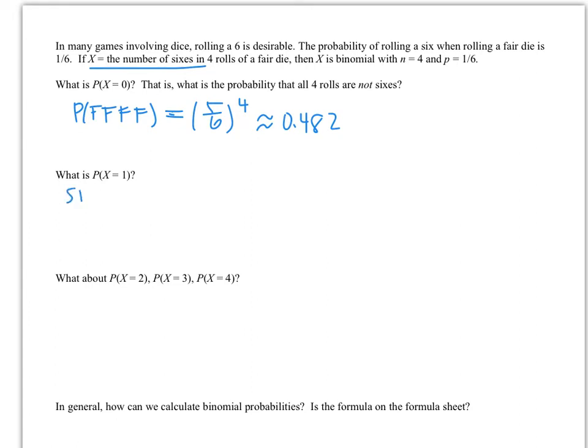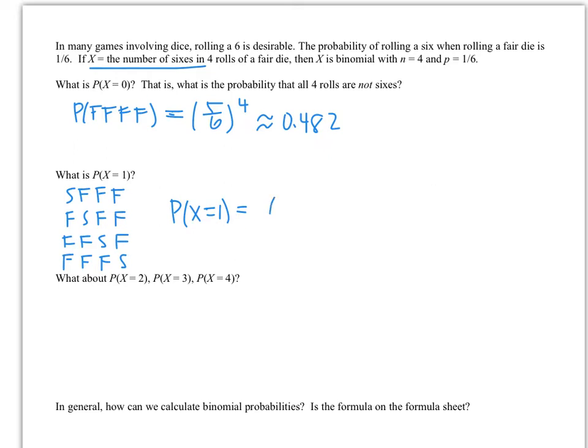I could have my first success and then 3 failures. The success could be the second roll. The success could be the third roll. Or the success could be the last roll. So for the probability that x equals 1, I need to take into account all 4 of those probabilities. Now, they're all going to be the same.